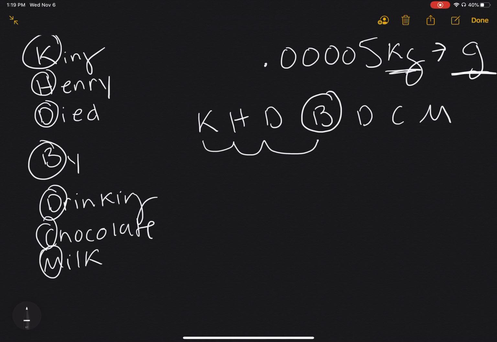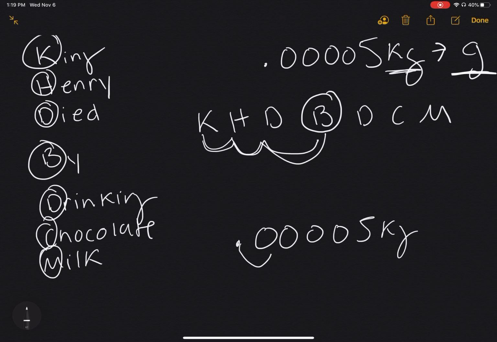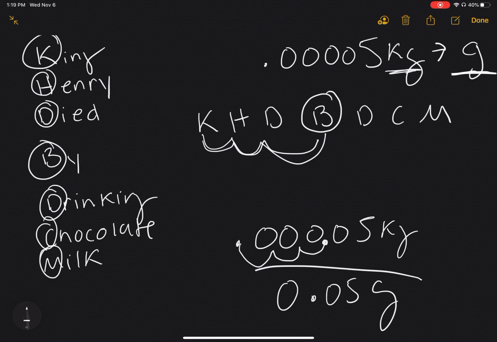We're just going to be moving the decimal point 3 times to the right. So your answer is going to be 0.05 grams. And don't forget that 0 on the front.